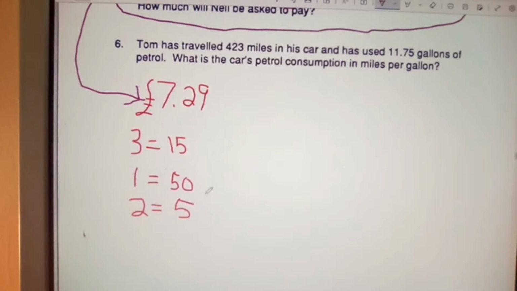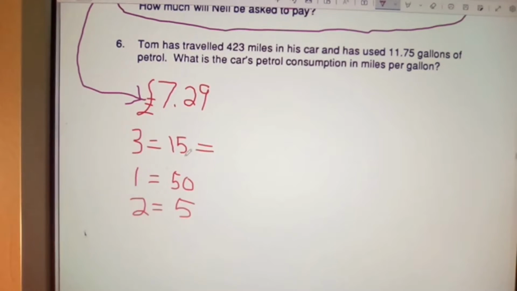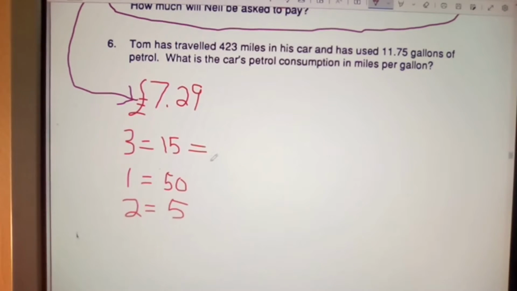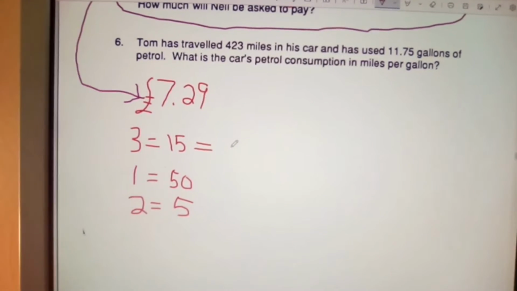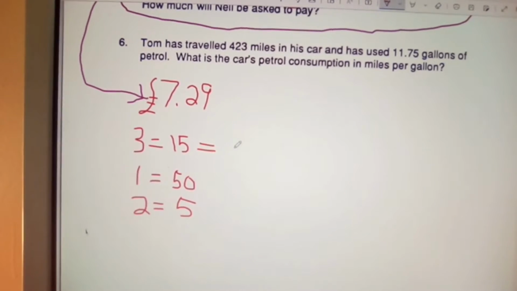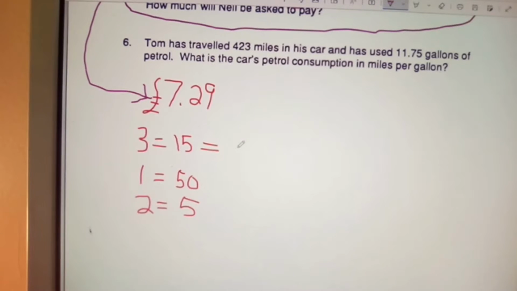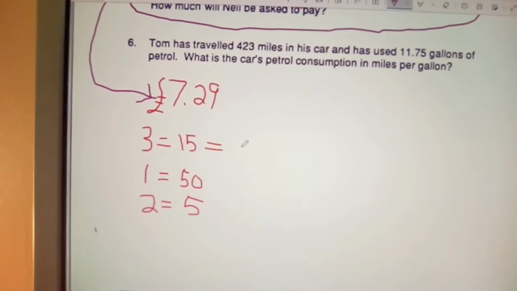So what we need to do is add this up. So that's going to equal 3 times 15, that should equal 45 pence.